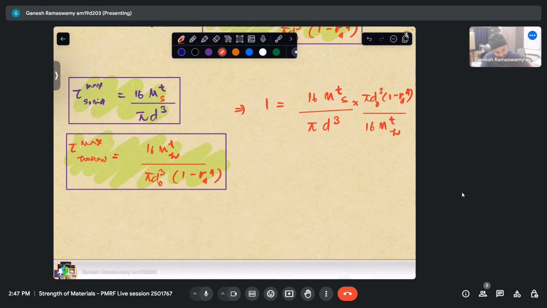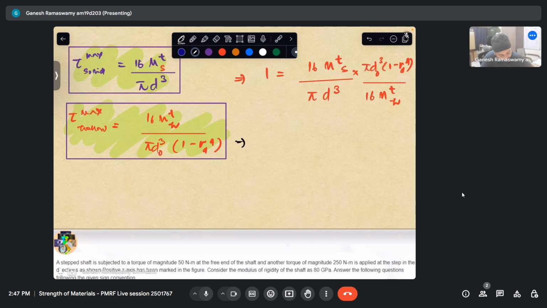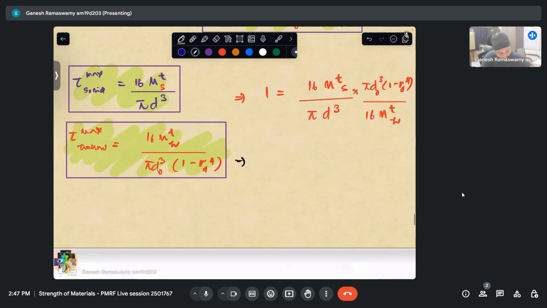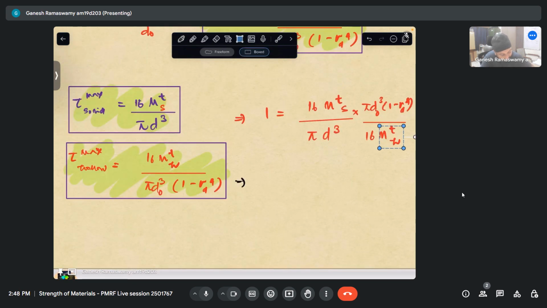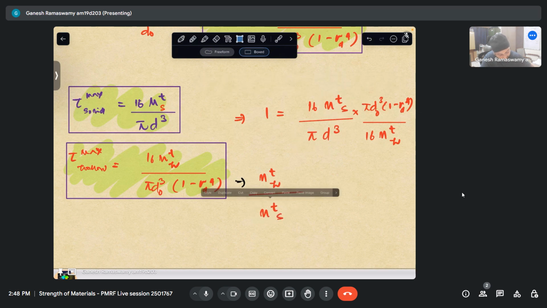Therefore, the question asks what is Mt hollow by Mt solid. So I take this by this quantity, which is equal to what? 16 gets cancelled. I'll just copy this and remove whatever is not there.